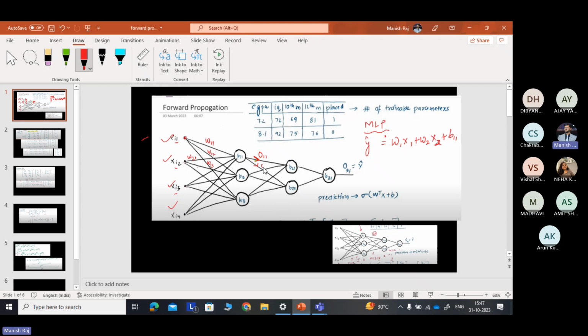This is the output O12. This is the output O21, this is the output O22. This is the output O31, this is the output O32. Yes or no? Please tell me.